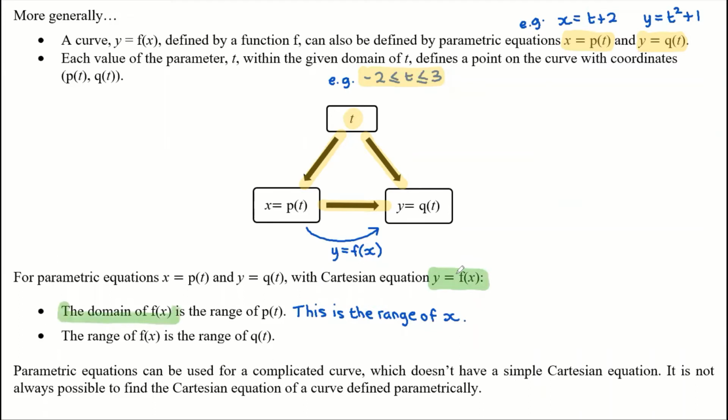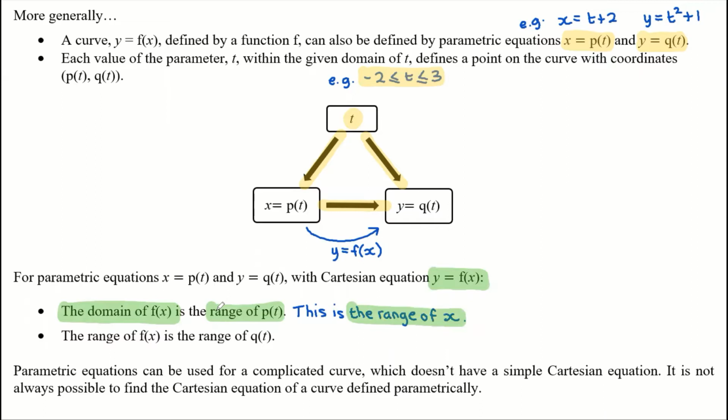So the domain of f of x is also the range of x, if that makes sense. But the range of x is also the range of p(t), so some function of t. So I just want you to be clear about that. Because t has a range, that creates a range of values of x. But if x is used in a function f to create y values, that is called the domain of f.